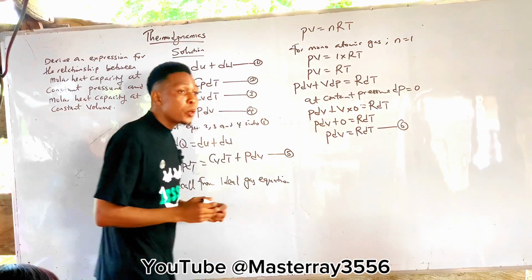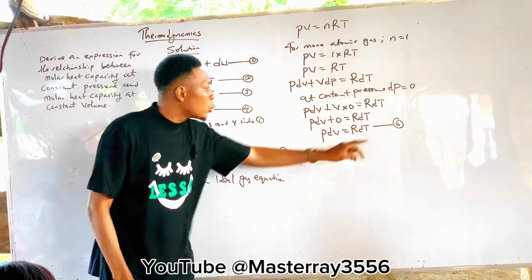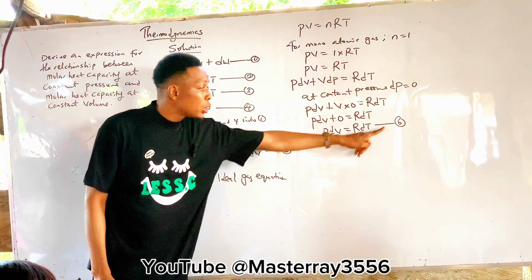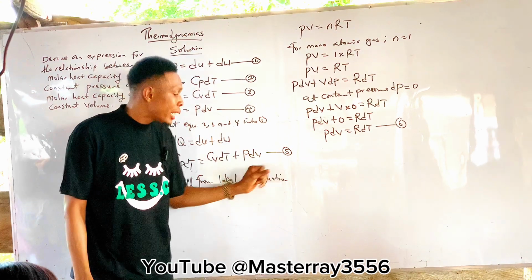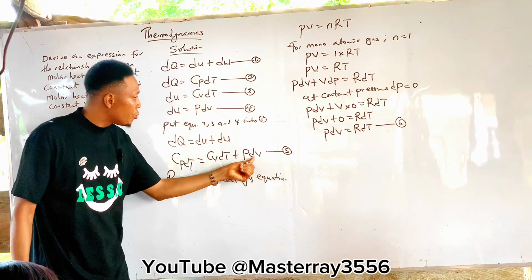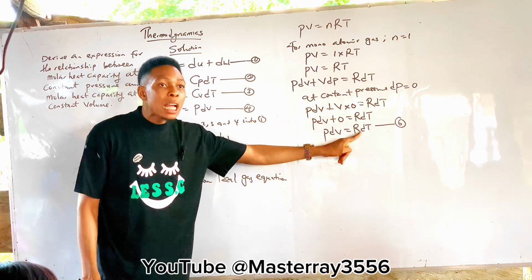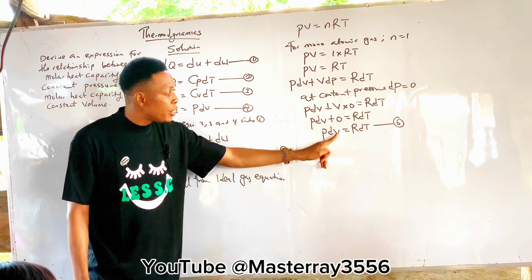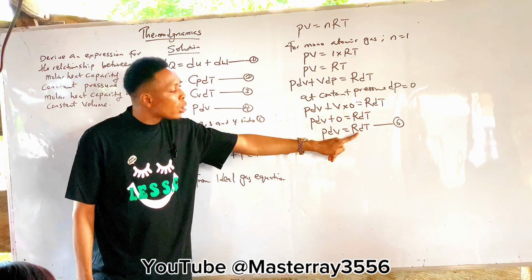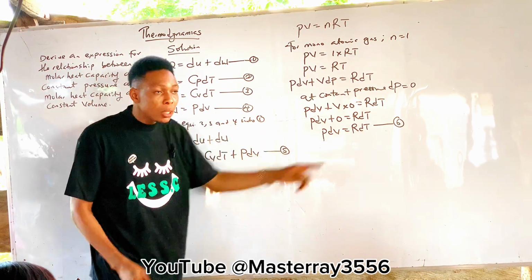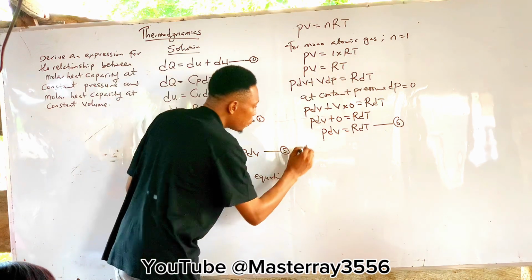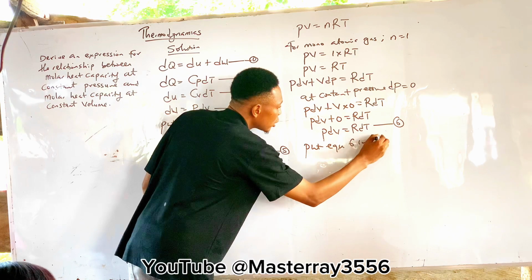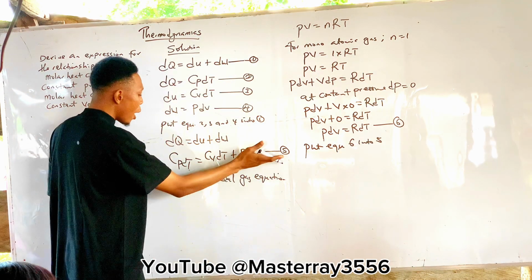So what you do here, you substitute your equation 6 into equation 5. That means anywhere you find P dV here, you represent it with R dT. You can see from this that your P dV is the same thing as R dT. Are you following? And what's our equation 5?